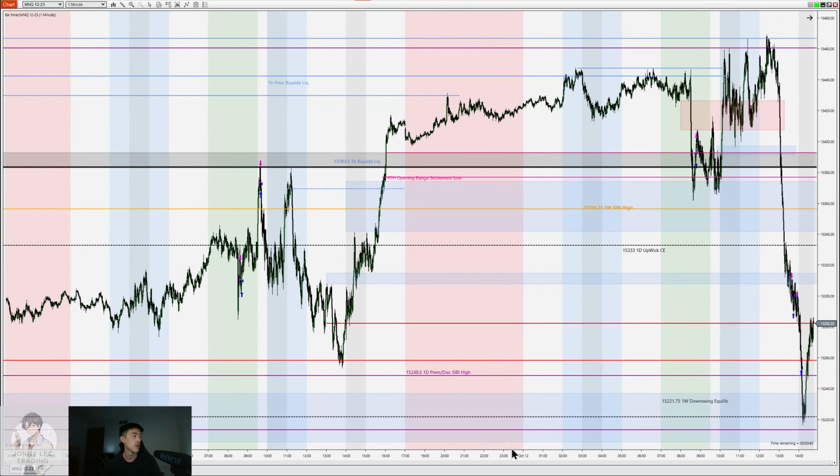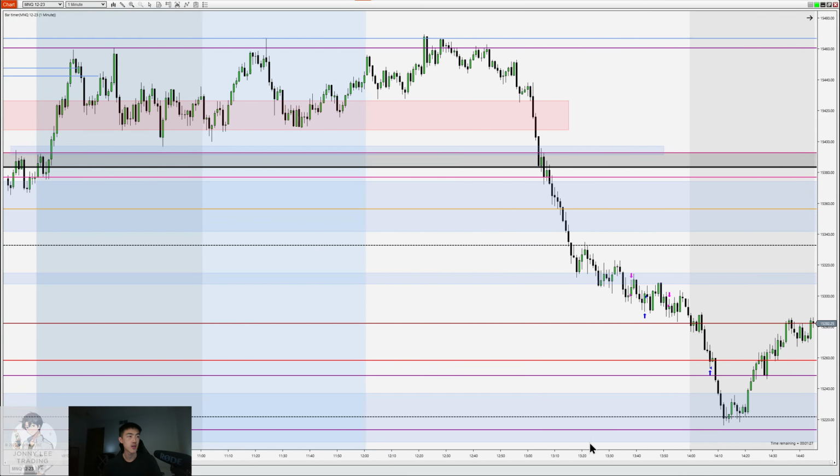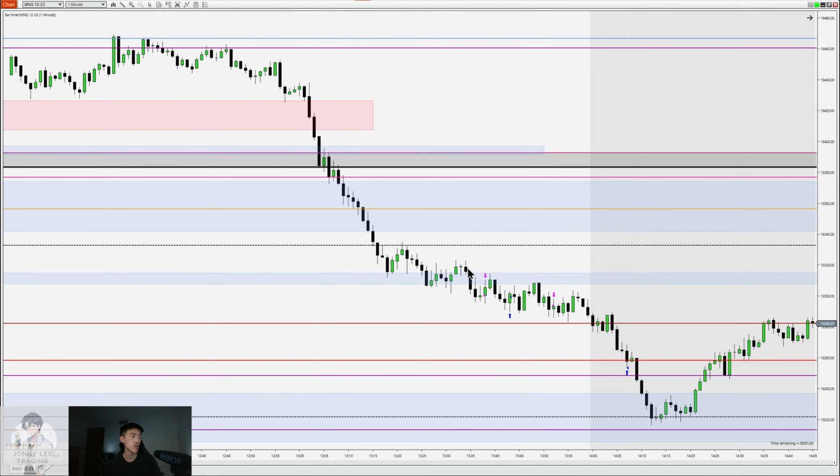If you remember, we marked that on a higher time frame. I knew that there was this area of liquidity and even this buy side liquidity that I could aim for. So I ended up taking that trade once I saw it reject here. I tried to take a market trade here, but it dropped too quickly.